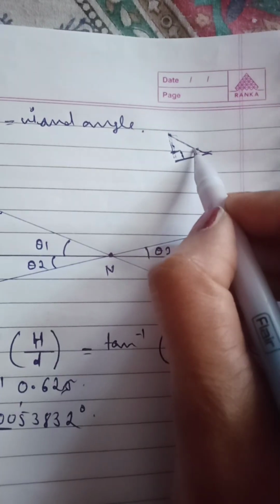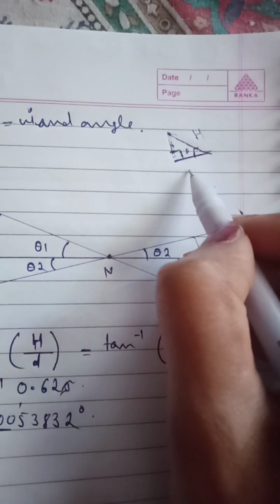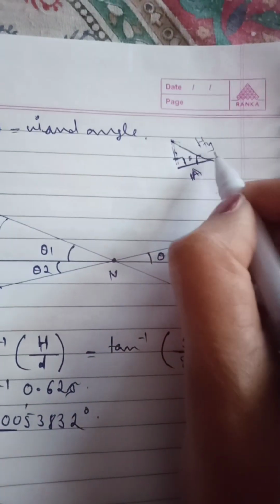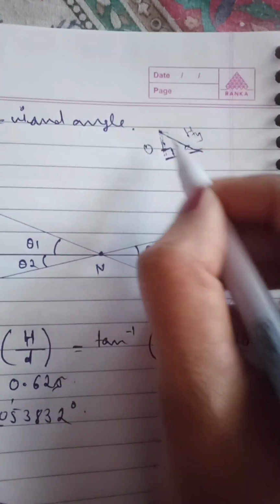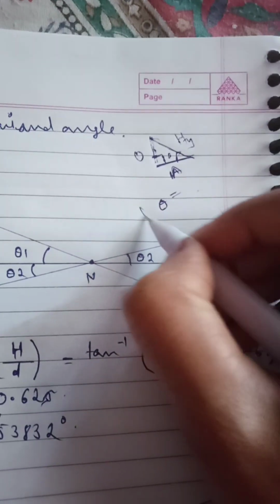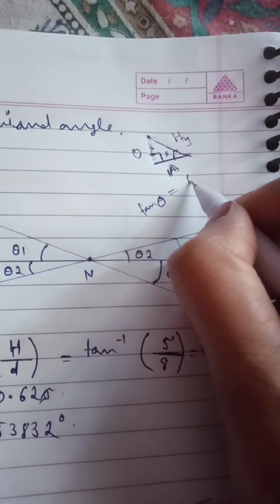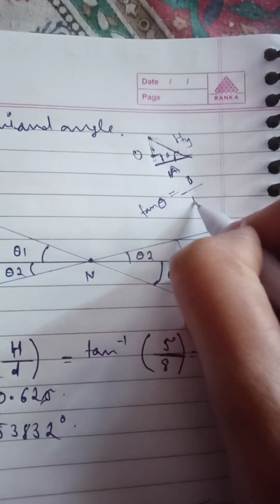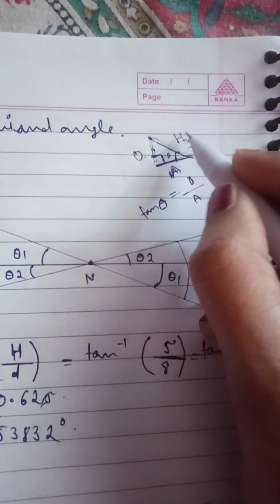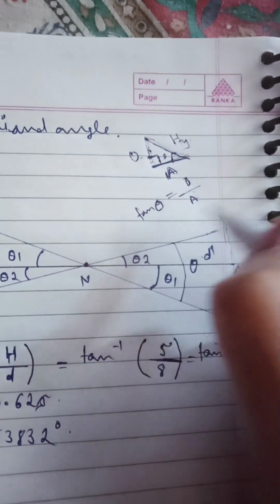Suppose we want to know this angle: this is the hypotenuse, this is adjacent, and this is opposite. Now we want this theta. Tan theta is opposite upon adjacent, and the hypotenuse is the largest side.